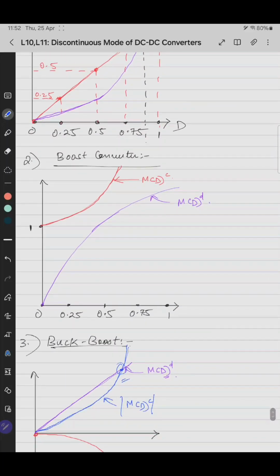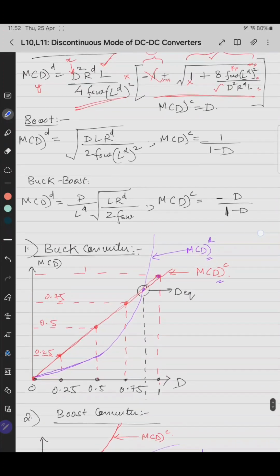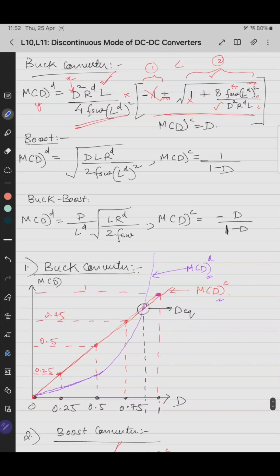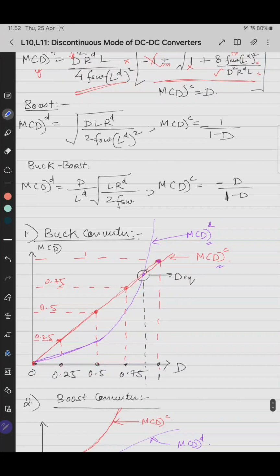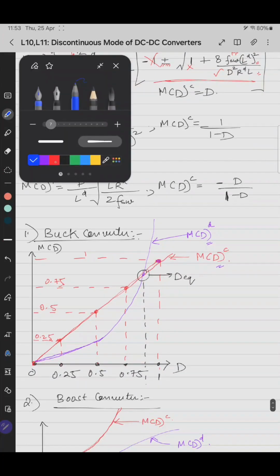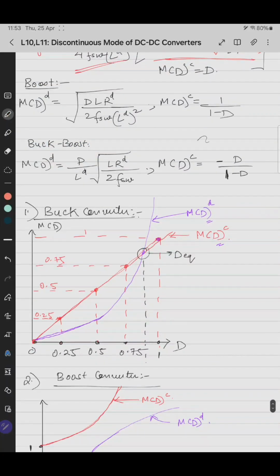So basically M of D is a function of D, and it's multiplied with some term. We'll assume that this term is some K. So let K be the square root of L R D by 2 f switching L D, whole squared.